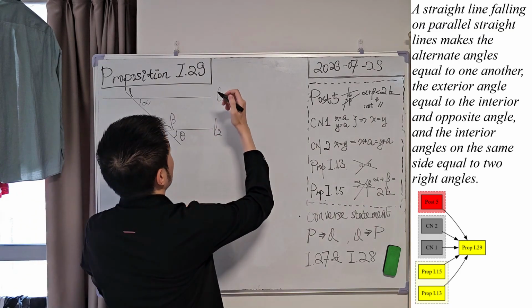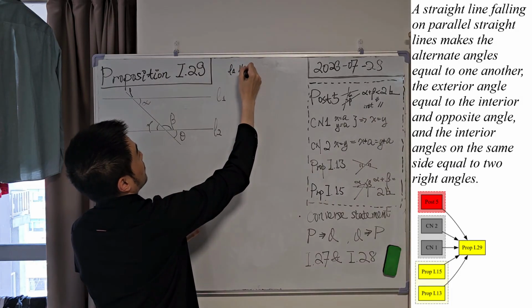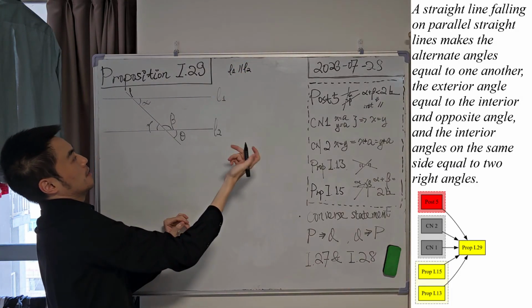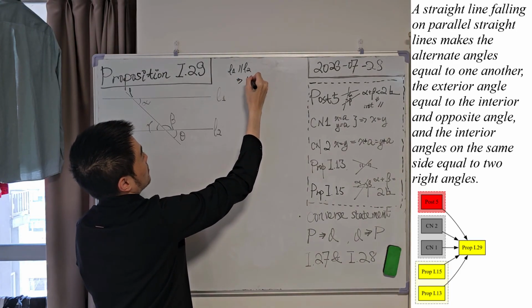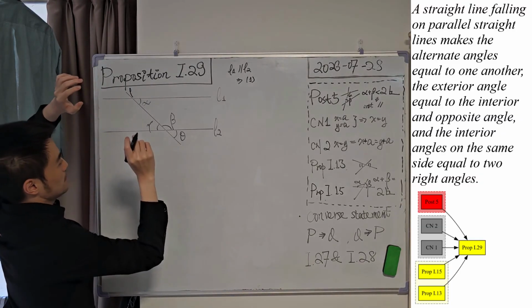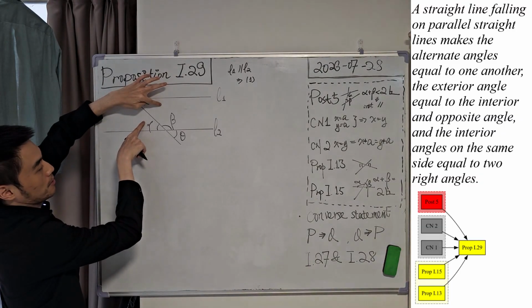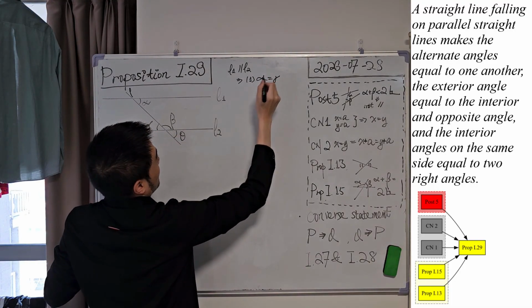For example, we are given that L1 is parallel to L2, right? And we can conclude three results. The first one is that the alternate angles are equal, so alpha will be equal to gamma.